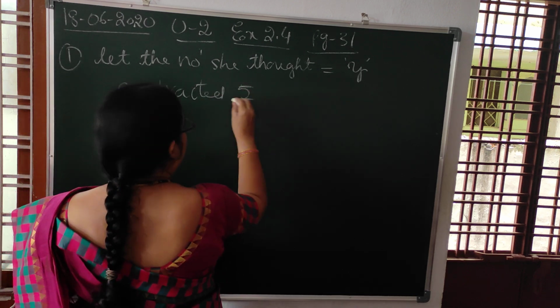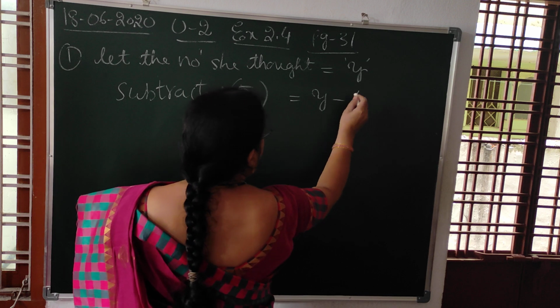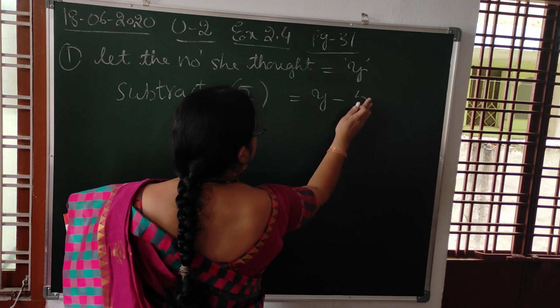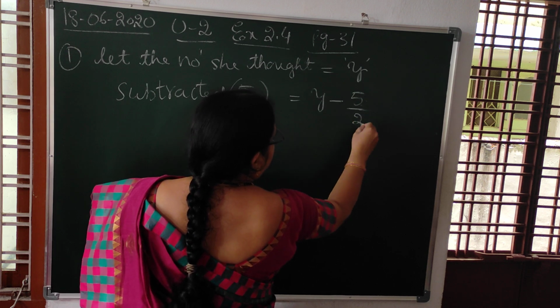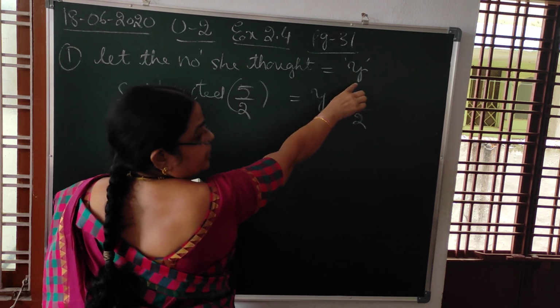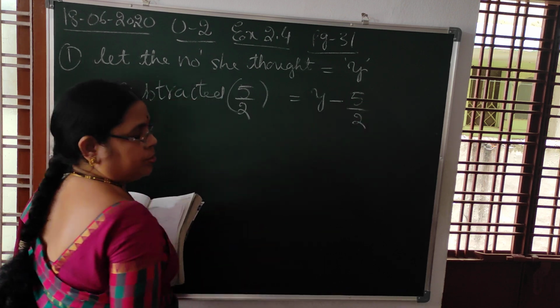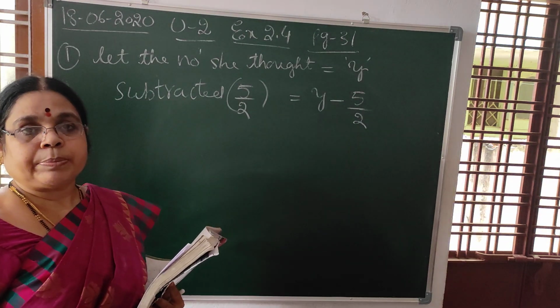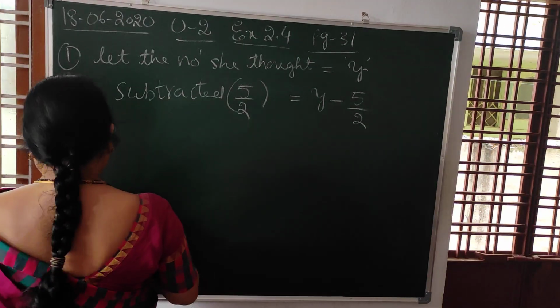So what do you get when she subtracts 5 by 2 from that? You will get y minus 5 by 2. Here she thought a number y. From this she has subtracted 5 by 2. From the number she is subtracting 5 by 2, not the number subtracted from 5 by 2.